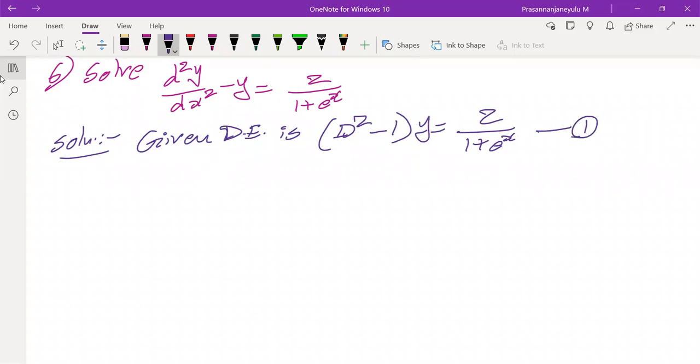Now, what is the r of x here? Applying, first time I'm writing, I did not write it anywhere, applying which method? Method of variation of parameters.